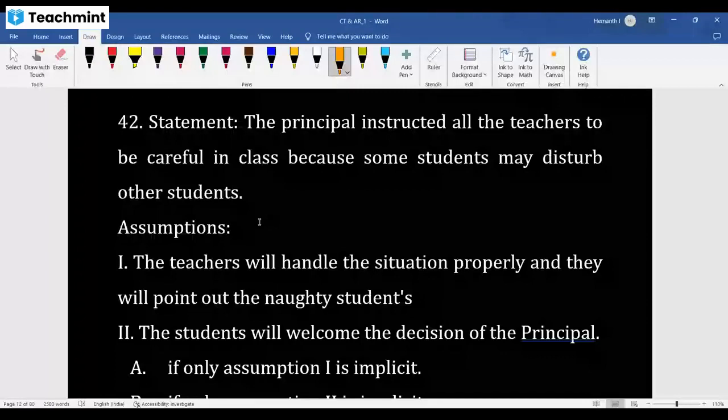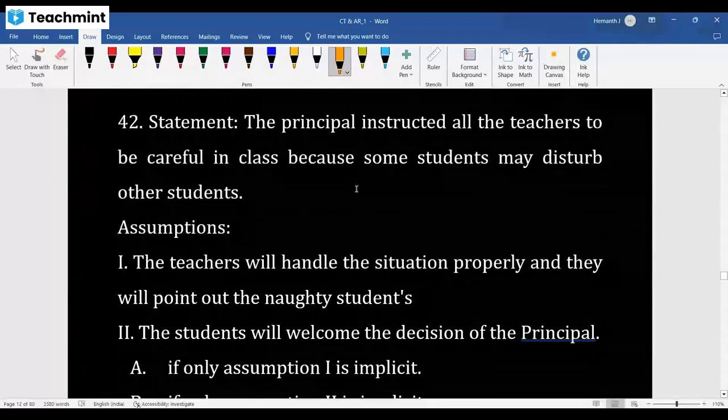The principal instructed all the teachers to be careful. So the teachers will handle the situation properly and will point out the naughty students. That's the positive response. The students will welcome the decision of the principal. You have seen the instruction to all the teachers to be careful in class because some students may disturb other students. Which one? Is it both or only one? Which one is correct?